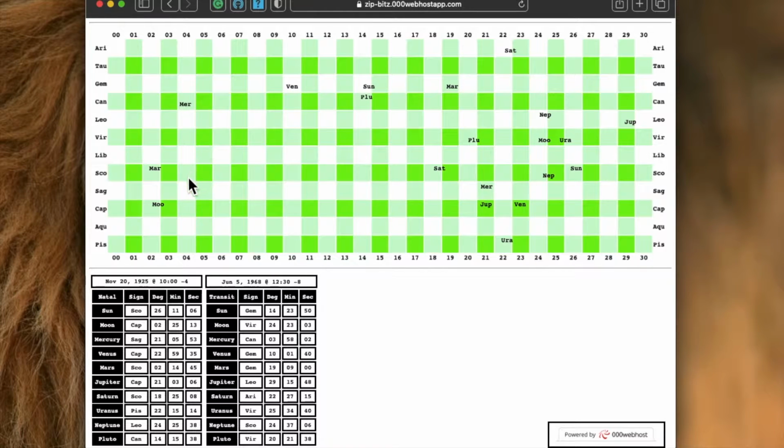Okay, so if we count the rows from transiting Mercury down, 1, 2, 3, 4, and that's a trine, then we count 2 more, 4, 5, 6. That's an opposition with this natal moon.